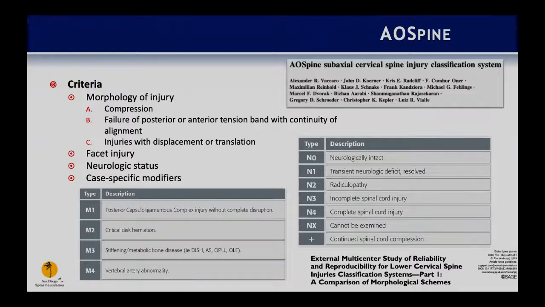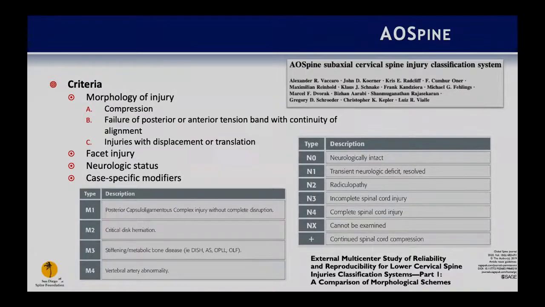Going through it, neurologic status, as you see there, and then the patient-specific modifiers, either ligamentous complex injury, disc herniation, which went into that discoligamentous complex from the SLIC, and then some other things that weren't discussed in SLIC, such as the presence of DISH or ankylosing spondylitis, ossified PLL, and general stiffening or metabolic bone disease, as well as vertebral artery anomalies or injuries.